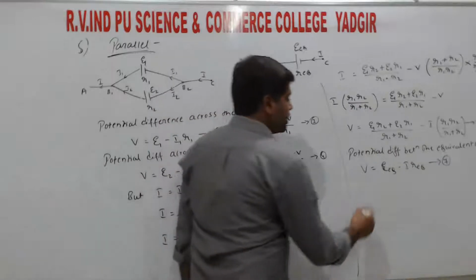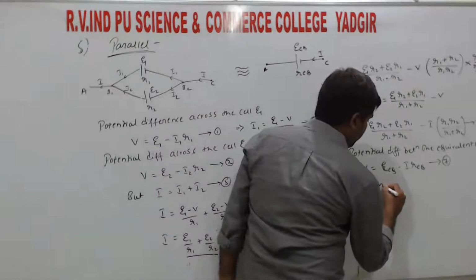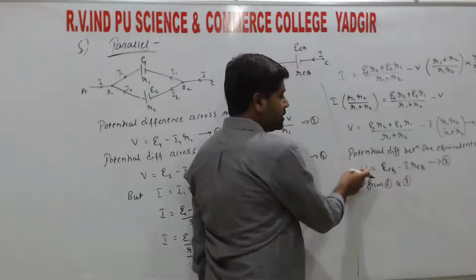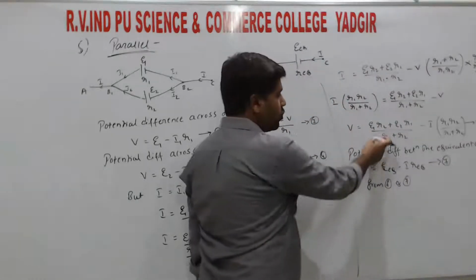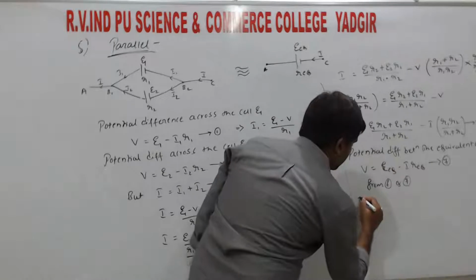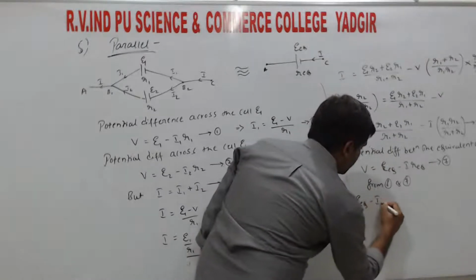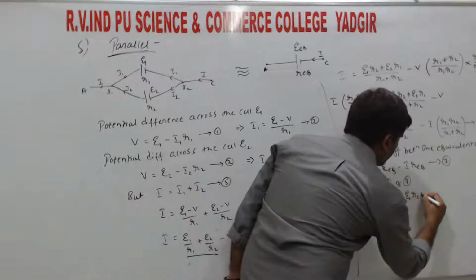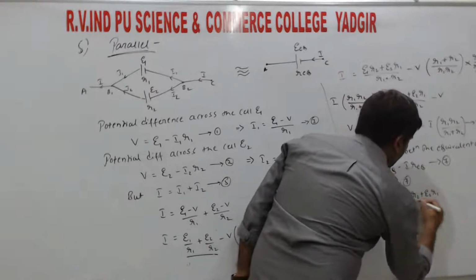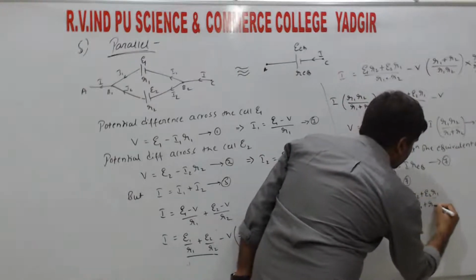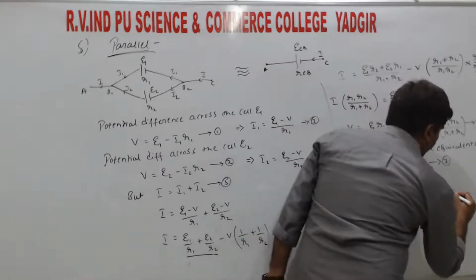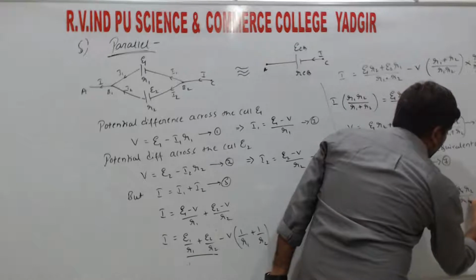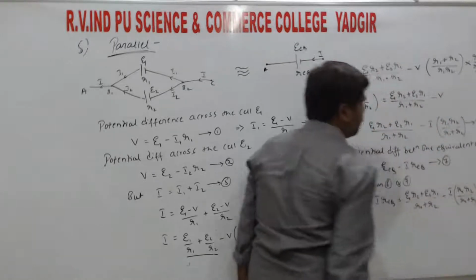From the sixth and seventh equations, the LHS potential is the same in both, so we equate the RHS. So E equivalent minus I R equivalent equals E1 R2 plus E2 R1 by R1 plus R2 minus I into R1 R2 divided by R1 plus R2.